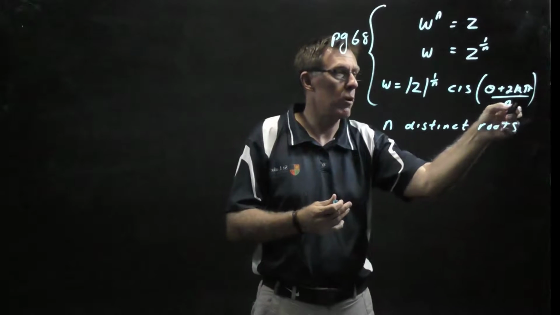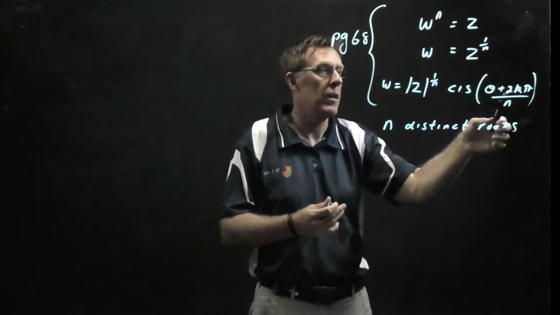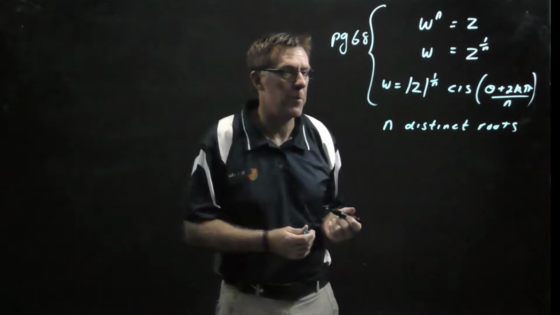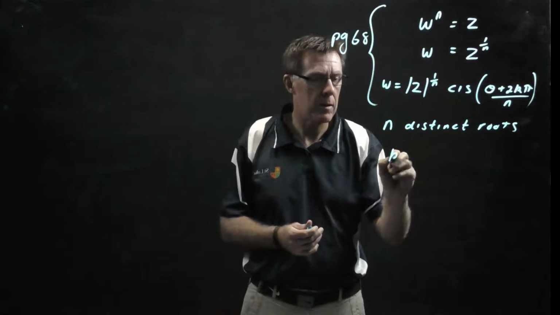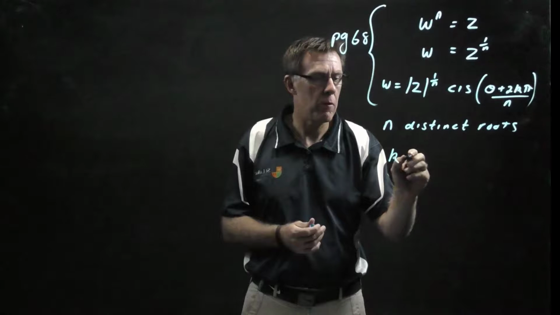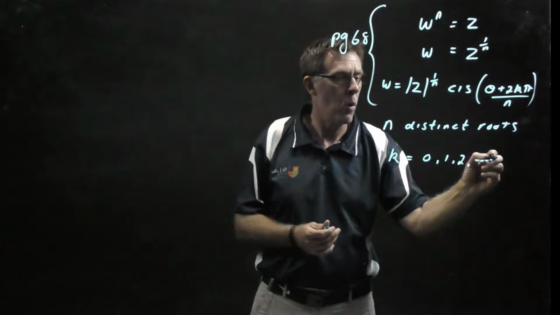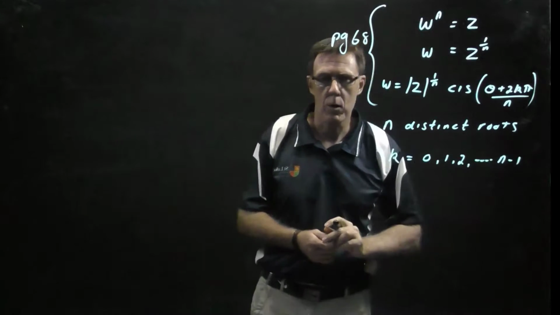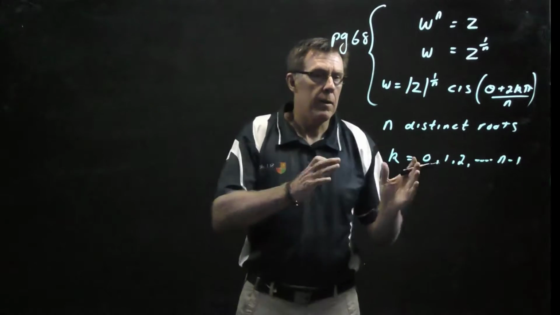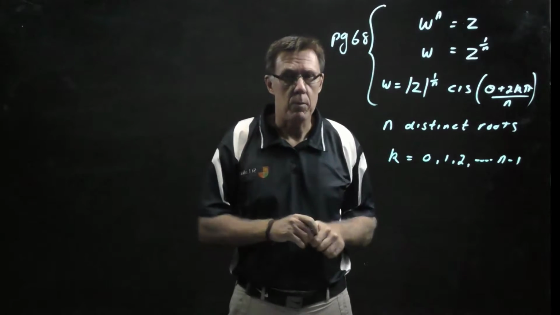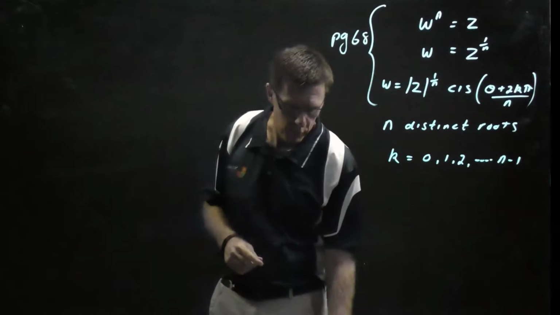Every time you do one lot of 2 pi, you're back to the angle again. And then we would consider values of k that go from 0, 1, 2, all the way up to n minus 1. This will make a lot more sense when we come to do an example. Let me just put one up and we'll work our way through it.